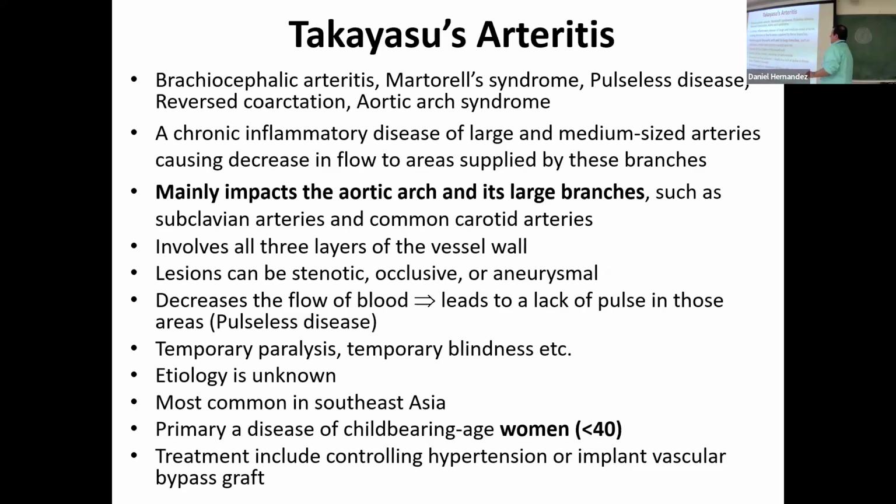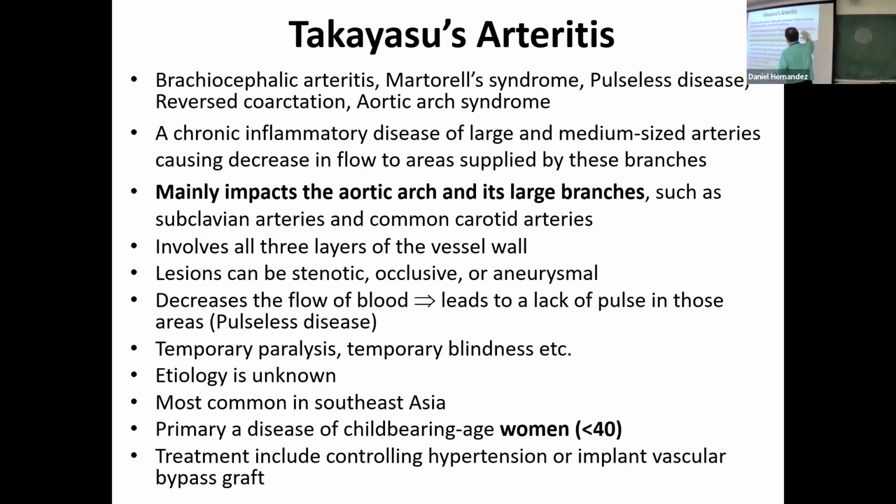Another form of arteritis. So the thromboangiitis obliterans or Buerger's disease is the most common form of arteritis. We do have Takayasu's arteritis. So Takayasu's arteritis has a couple of other names associated with it, like brachiocephalic arteritis, pulseless disease, reverse coarctation, aortic arch syndrome.